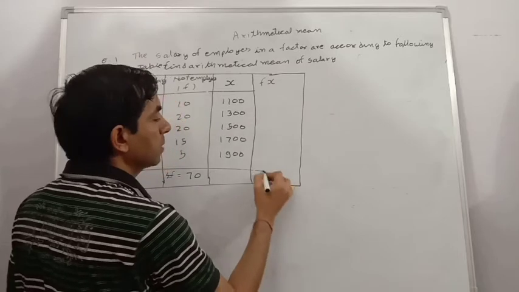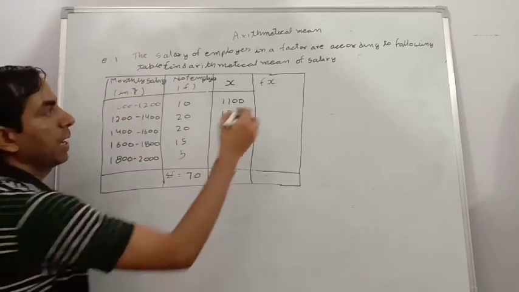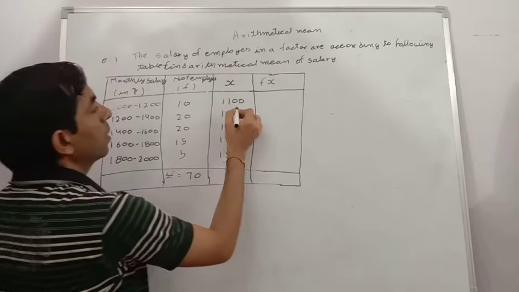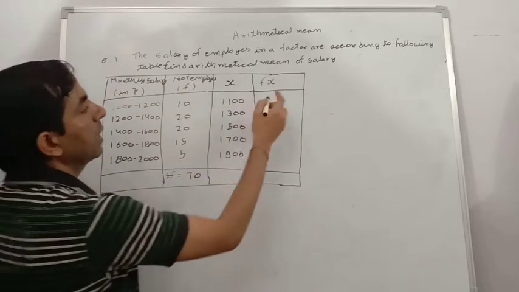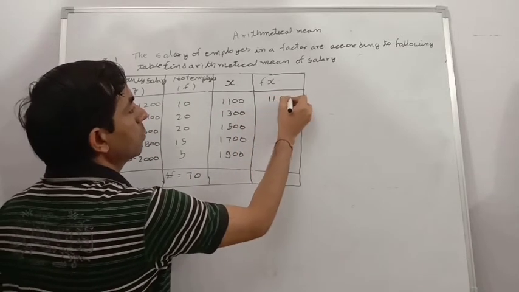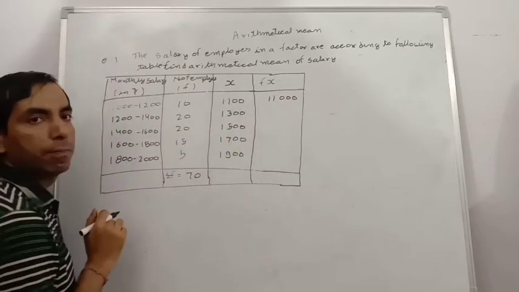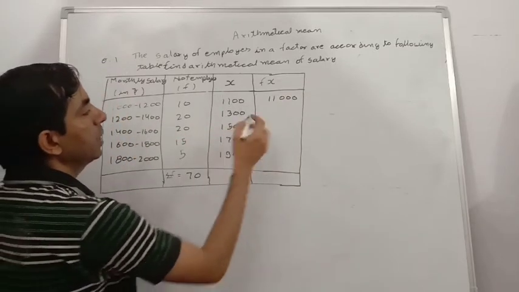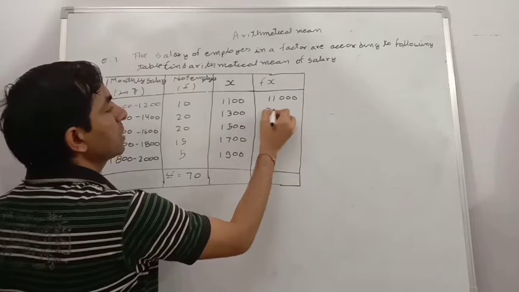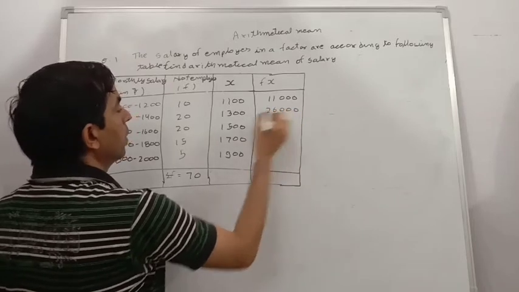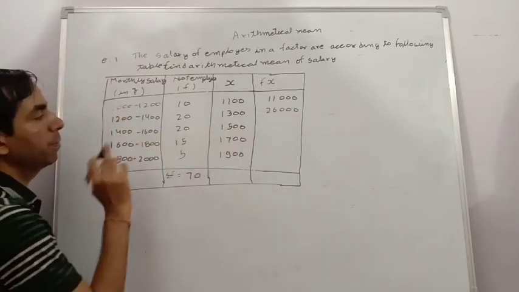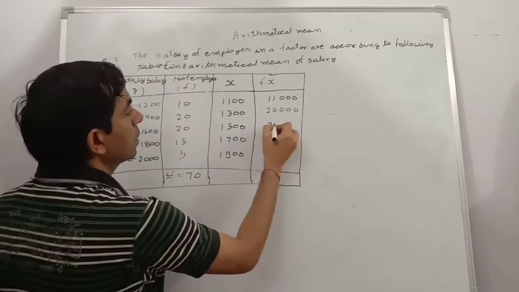For finding fx, multiply f by x. Then 1100 multiplied by 10 gives 11,000. 1300 multiplied by 20 gives 26,000. 1500 multiplied by 20 gives 30,000.